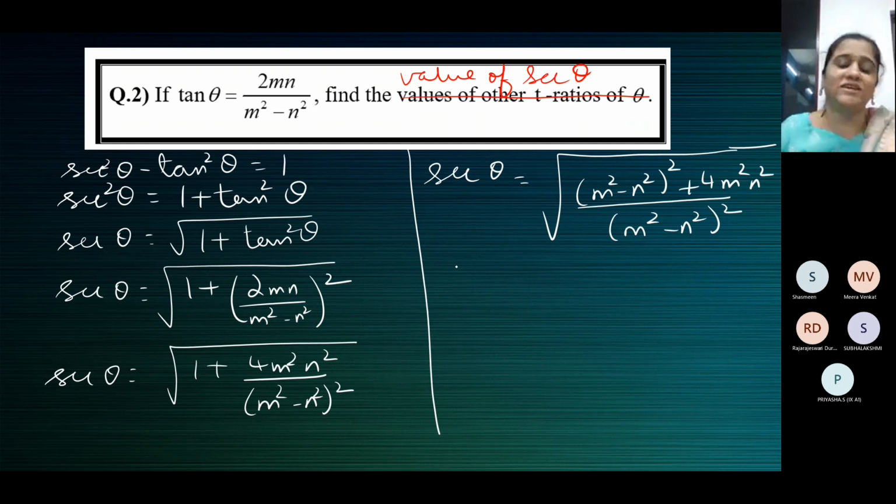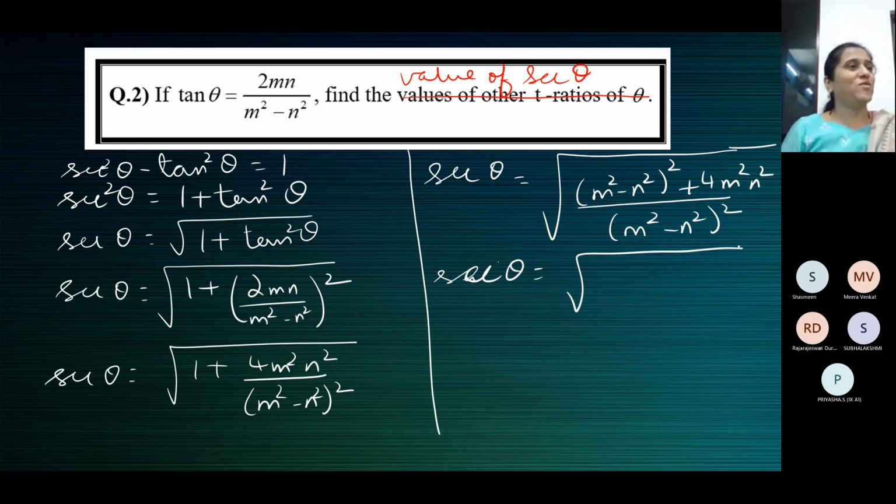Now, children, please recall the identity here. The numerator looks like what? A minus b the whole square. What is this?